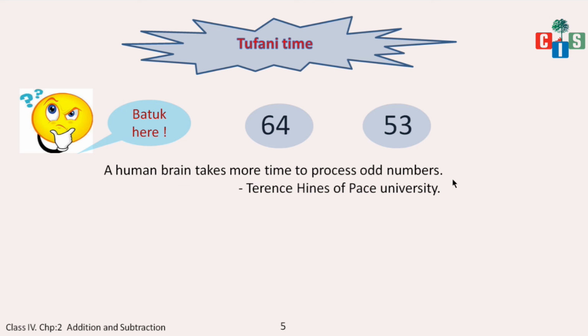That's why you find it difficult to handle the situation when there are odd numbers involved. Personally, I think some people take more time to solve subtraction sums; more time is required for solving subtraction than addition. Addition, people do quickly.